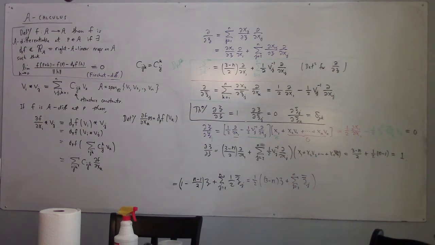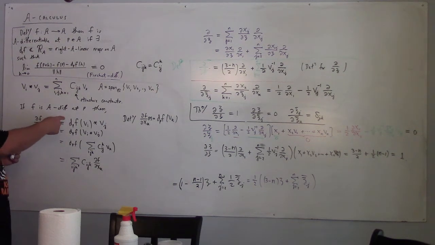No, I don't remember. If the basis has the identity as v1, then partial f, partial x1 times vj. Oh, I guess I need to do it here because we talked about it.